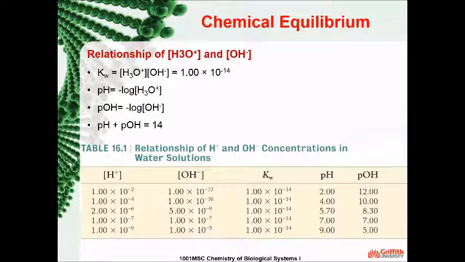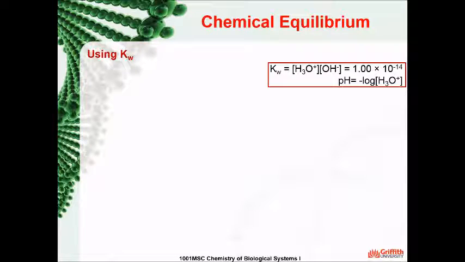From this table, you can see that the Kw is always 10 to the minus 14. The other four variables, namely the proton and hydroxide ion concentrations, and pH and pOH, can change according to the solution. So if you are given any one of these variables, you should be able to calculate the other three variables. Let's practice some examples.